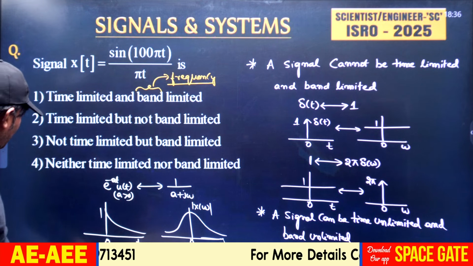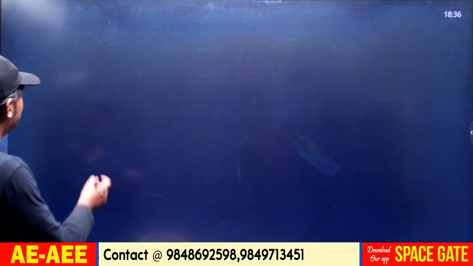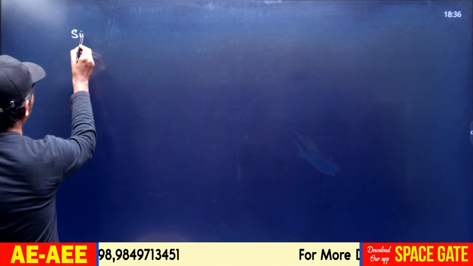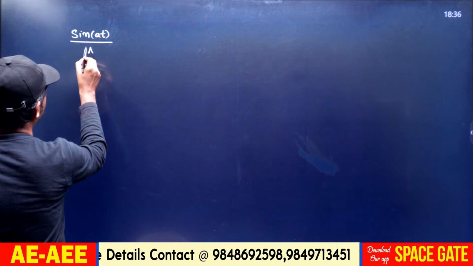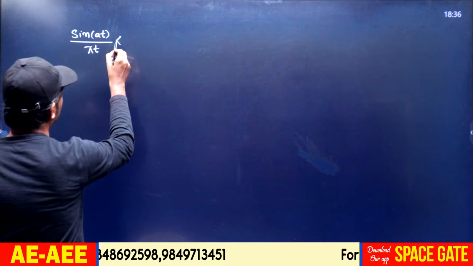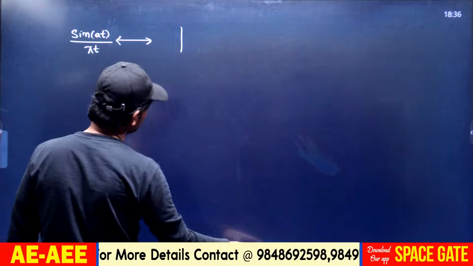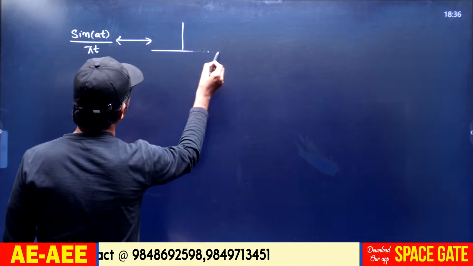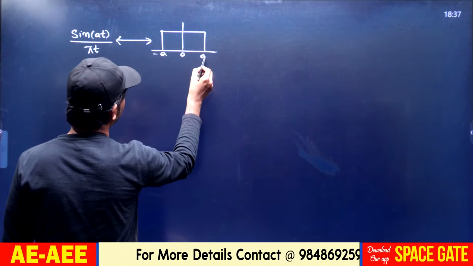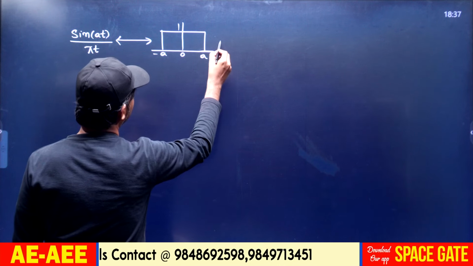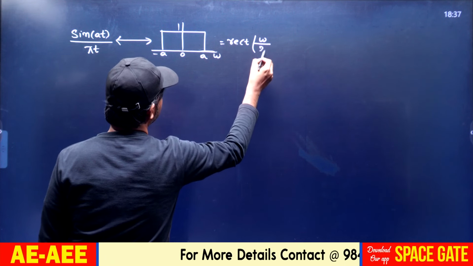For this we have to remember one important basic Fourier transform pair: if I have a signal of the form sine at by pi t, its Fourier transform would be a rectangular pulse varying from minus a to a in the frequency domain, or I can write this as rect of omega by 2a, right?